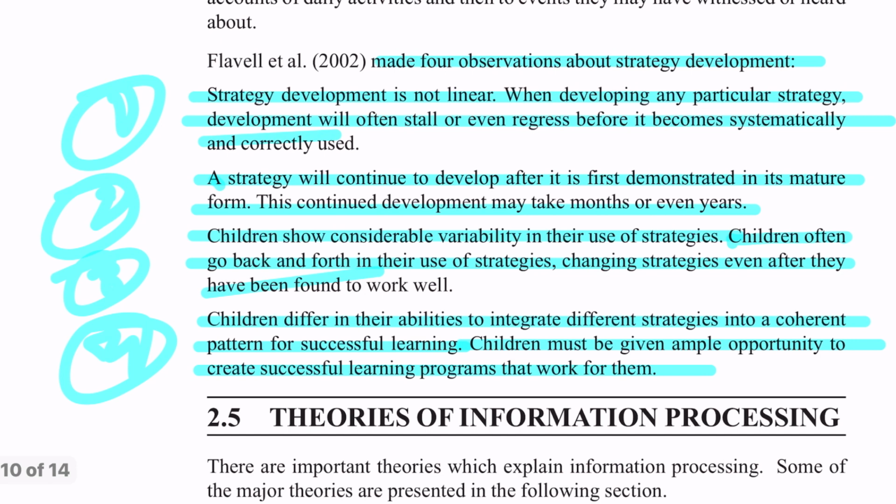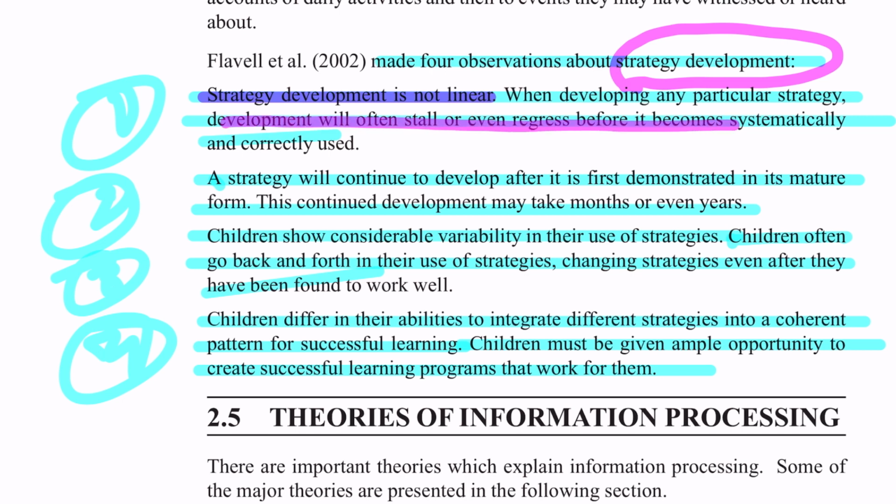Now we are coming to Flavell et al. 2002, who made 4 observations about strategy development. Strategy development is not a linear thing. Strategy development means how we store information. When developing any particular strategy, development often stalls or even regresses before it becomes systematically and correctly used.